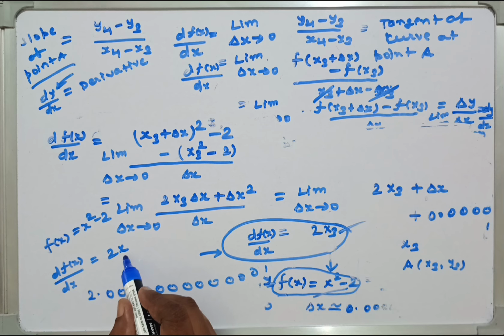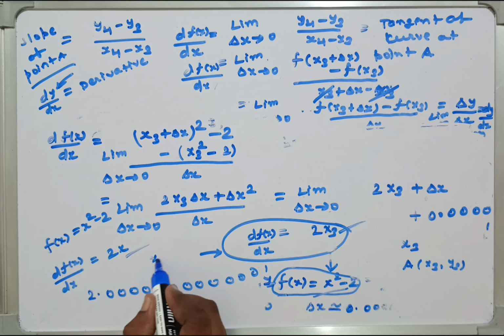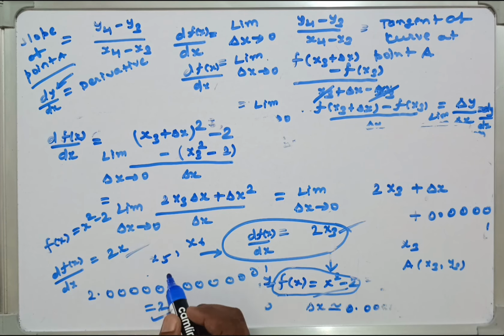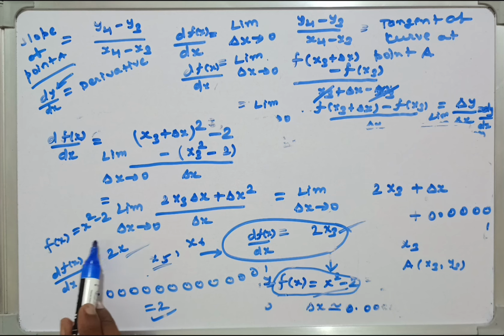So x may be any of x3, x5, x6, and whenever you put the value of x, then at that particular point you can get the tangent of the curve at that point. So this is also known as the derivative of a function with respect to x.